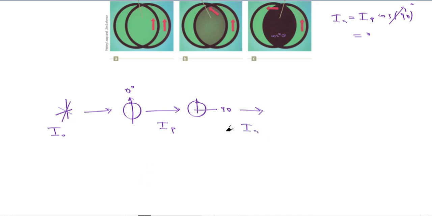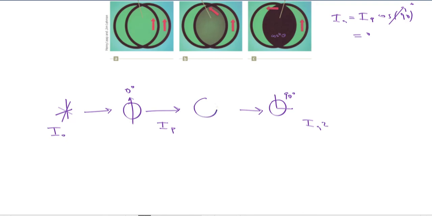But I want to imagine what happens if we put that over here, and we'll call this I_A2. Now I'm going to stick another filter in between these two, and you might expect it's only going to make the situation worse, right?